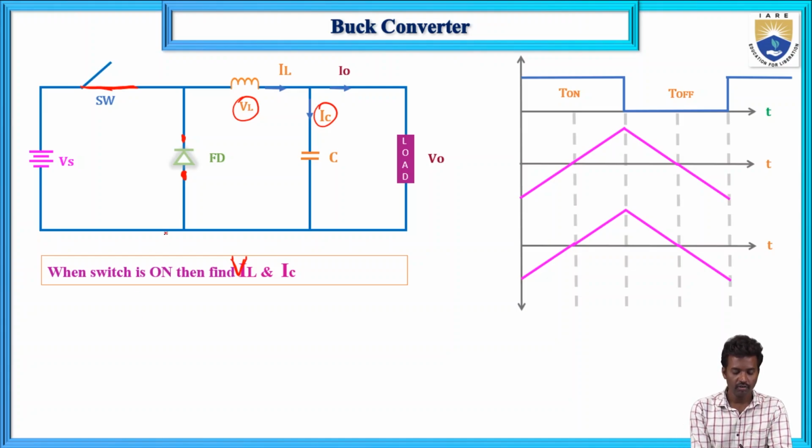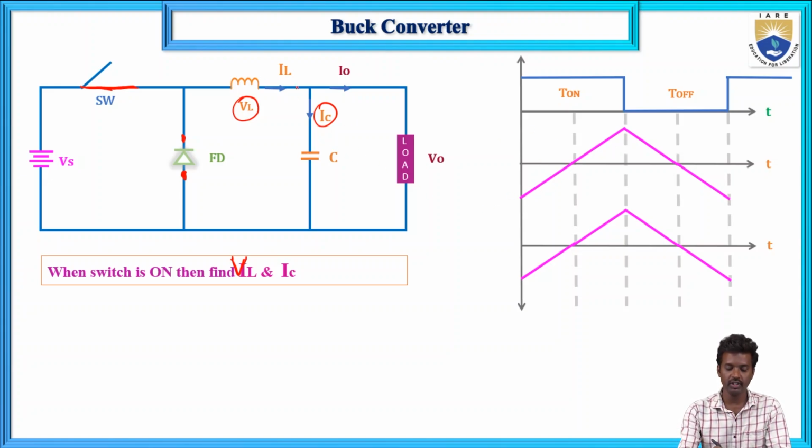If you apply KVL, the supply voltage is applied, the switch is closed, and current flows to the inductor, and here this is V0. When you give the supply through the switch, current flows in the inductor, so the inductor stores energy; that is charging.